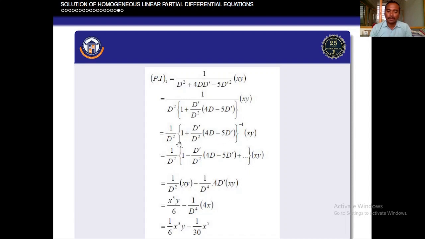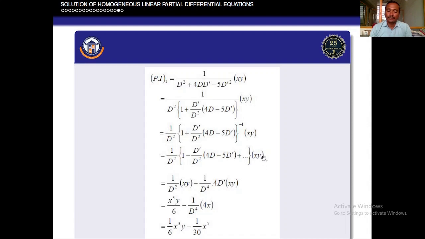Now expand this function using the binomial expansion of (1 + x) to the power −1. That means 1 − x + x² − x³, etc. Here the first term is 1 and the x term is D'/D² (4D − 5D'), plus etc. So there are infinitely many terms. Now the derivatives of order more than 1 are 0, because here the y power is 1.